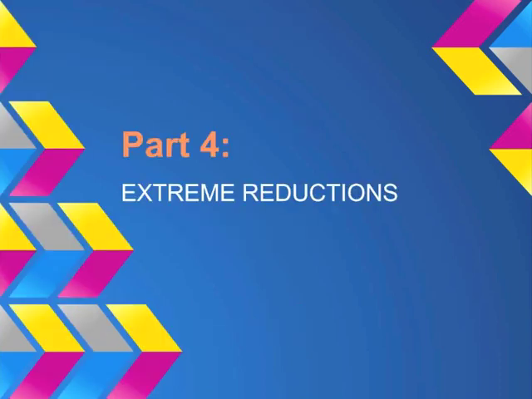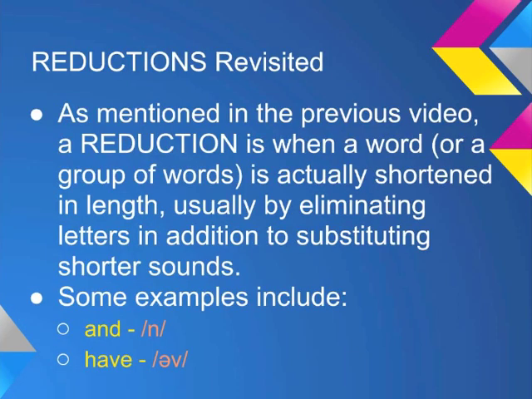Part 4. Extreme reductions. As mentioned in the previous video, a reduction is when a word or a group of words is actually shortened in length, usually by eliminating letters in addition to substituting shortened sounds.